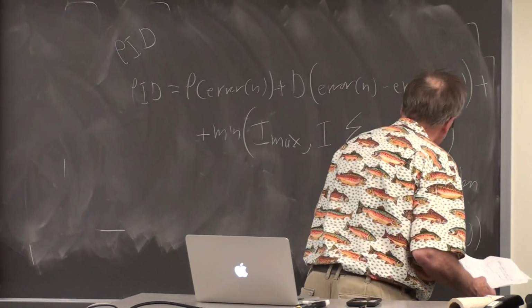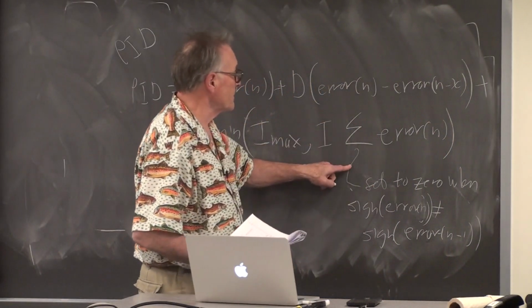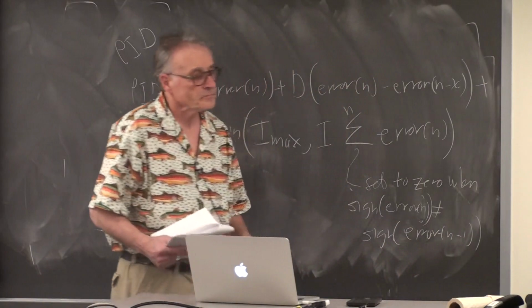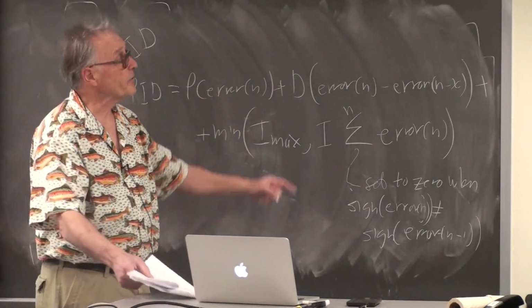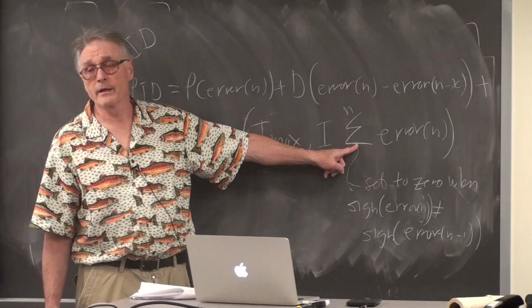And we're going to go from this time up to the current time n. So a derivative is you subtract errors. An integral is you add them all together.